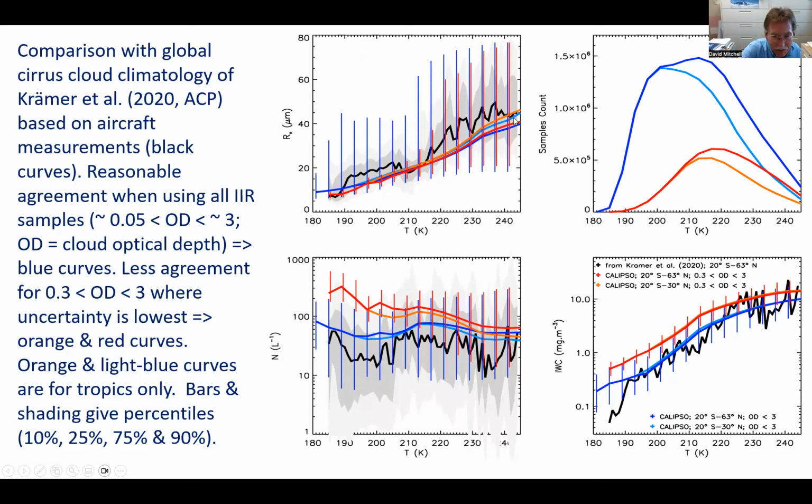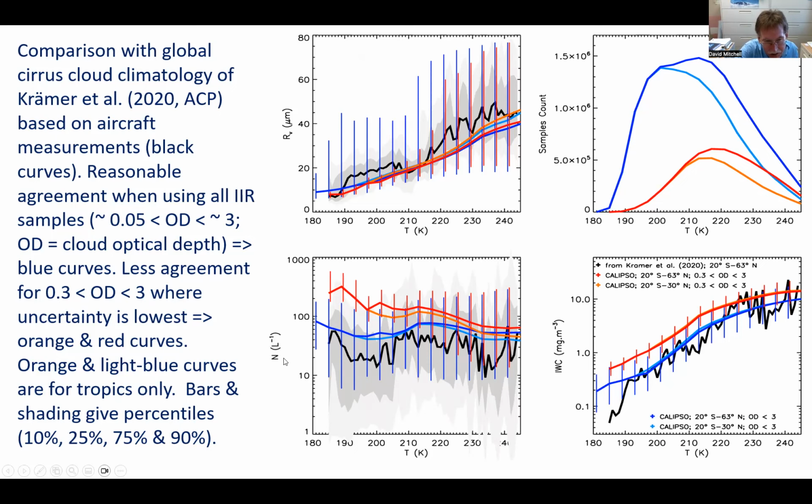The comparison here is for all the optical depths that we could sample over ocean, which is 0.005 to 3. Those are shown by the blue curves. There's less agreement with the in situ climatology when the optical depth range is less, like between 0.3 and 3. That's where you have the lowest uncertainty in your retrievals, but it's not representative of all the cirrus clouds. And here are the percentiles used.